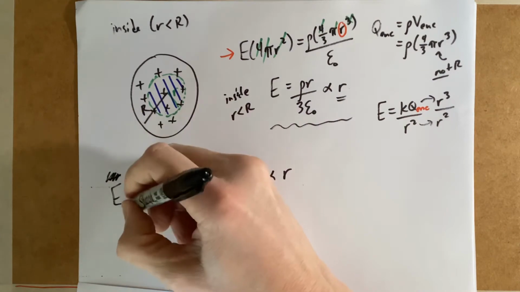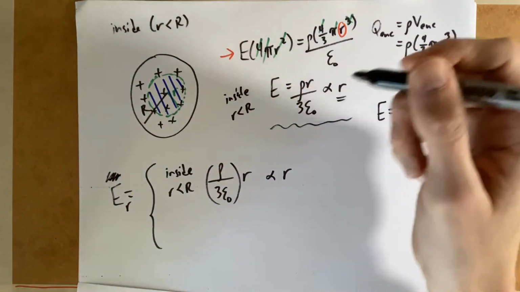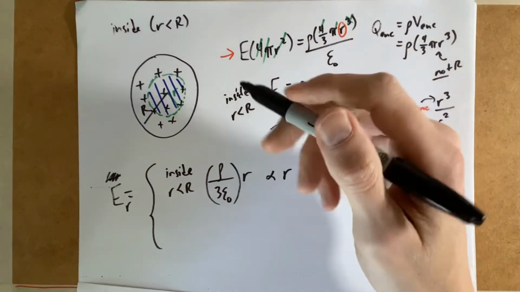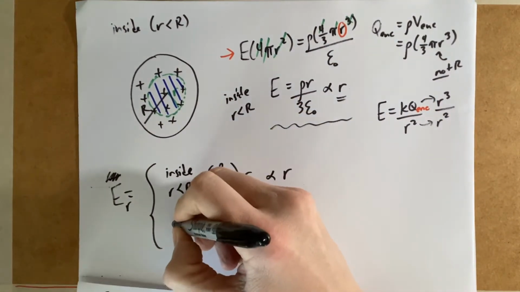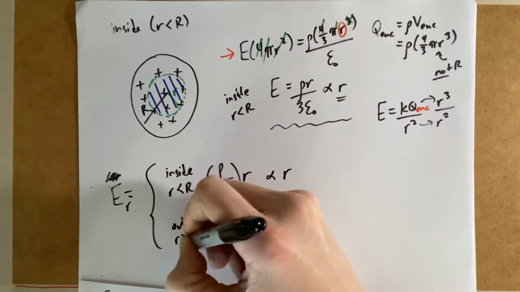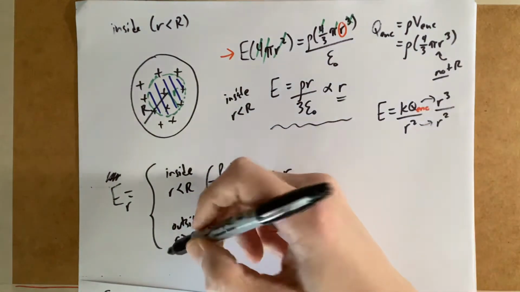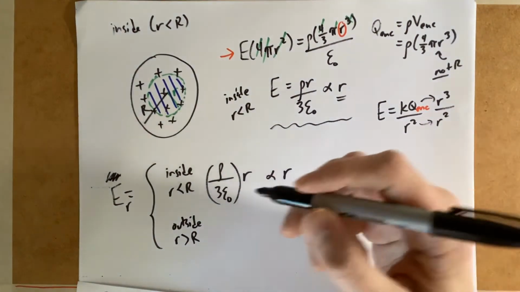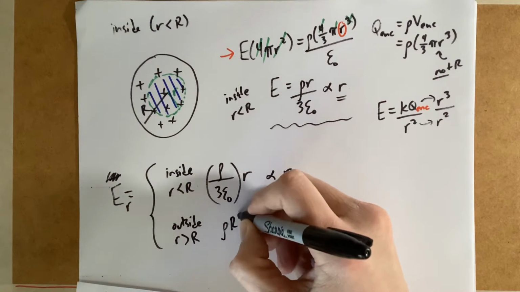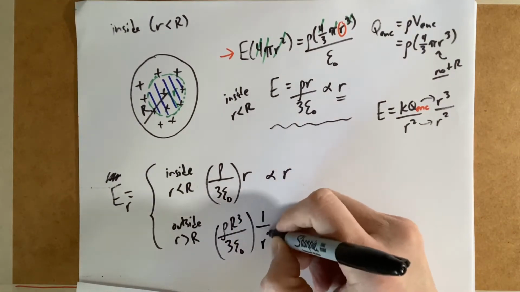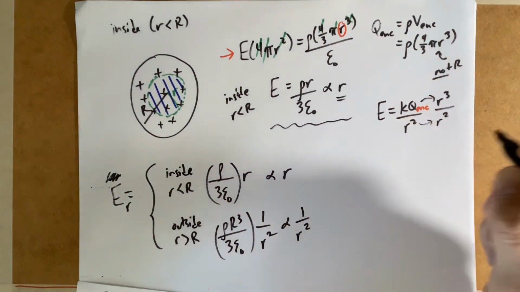So let me just say this is the radial component, or the magnitude if you like, since I'm using positive charge. Okay, and then outside, big R is the smaller one, so I'm testing my Gaussian surface outside, then copying my previous result over here from the last page, looks like this, and that's proportional to 1 over r squared.